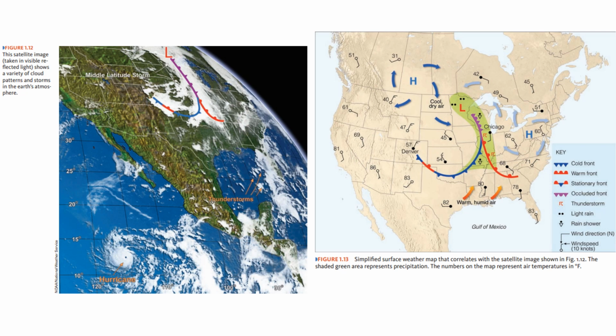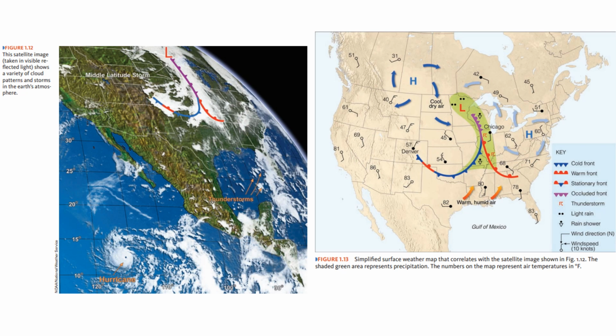And as you can see in the next picture, on the right side, this is the simplified surface weather map that correlates with the satellite image.